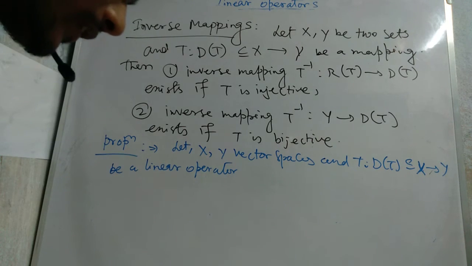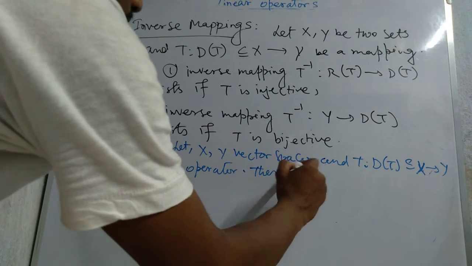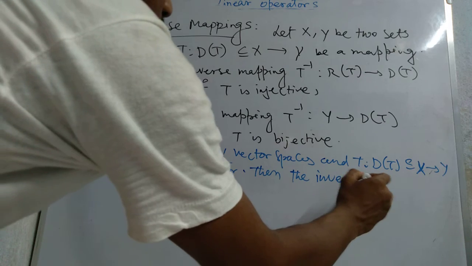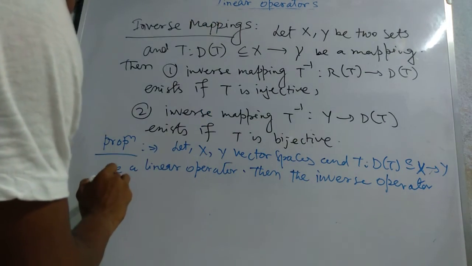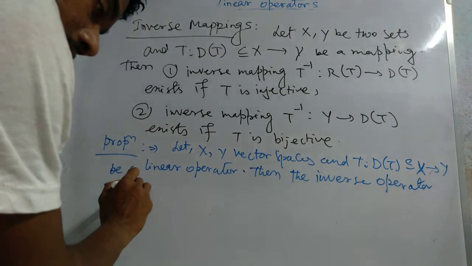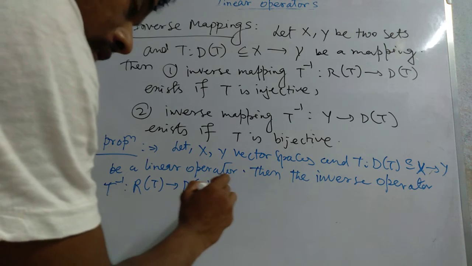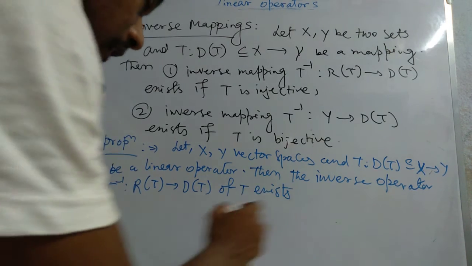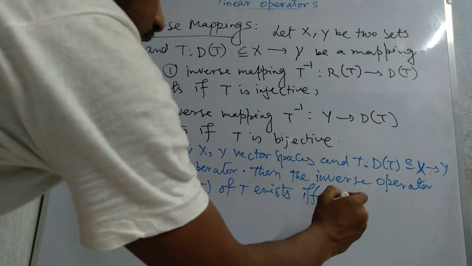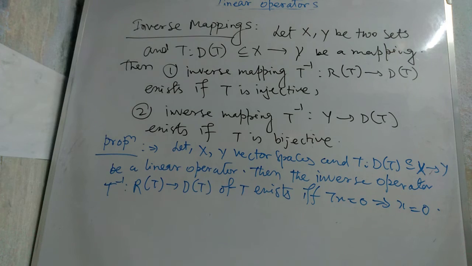Then the inverse operator T inverse from R(T) to D(T) of T exists if and only if T x equal to 0 implies that x equal to 0. So how do we prove it?